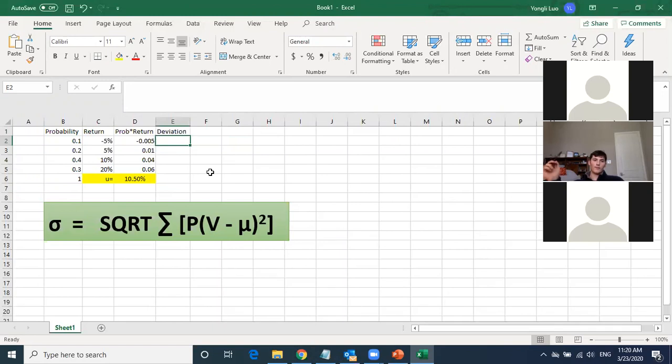So the deviation is equal to the return minus the mean. This is the mean you just calculated. Remember, the mean is not going to change. So if you have F4 on your keyboard, you just type F4. If you don't have it, you have to manually type in the $ sign to fix this value, because when you apply that formula and drag down, this is going to change.